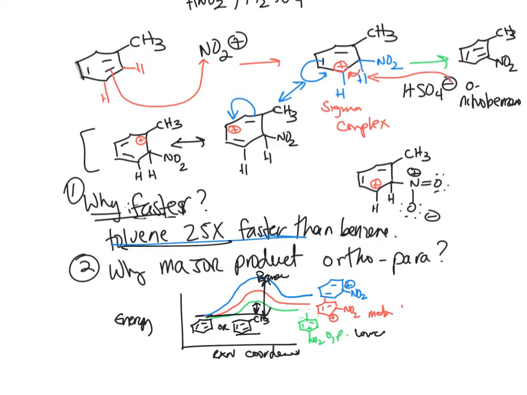And your major products are going to be ortho-para because the transition state activation energy is less than it is for benzene. So what I want you to be able to do is understand why, and then I want you to be able to do these reactions with all kinds of different directing groups.